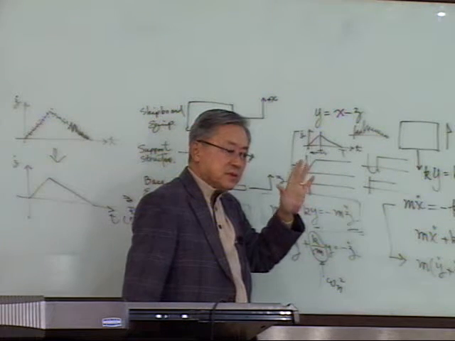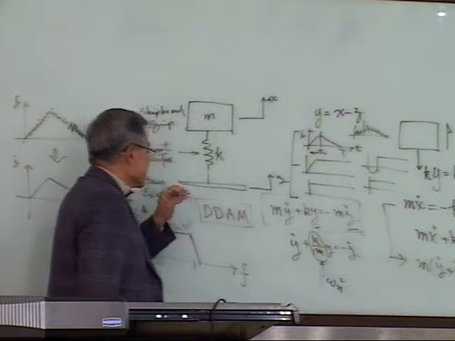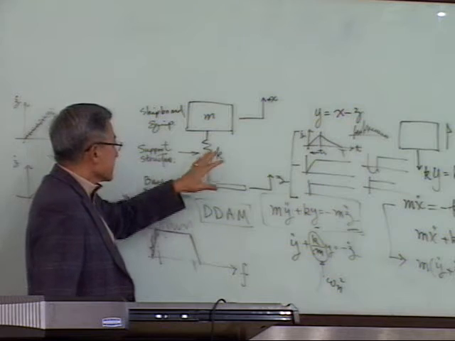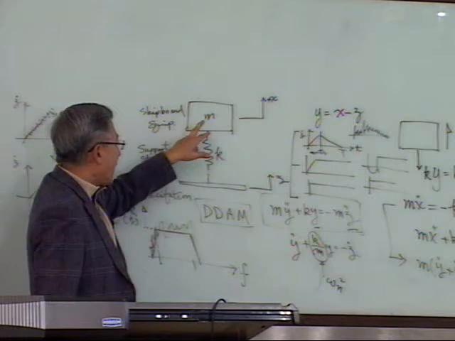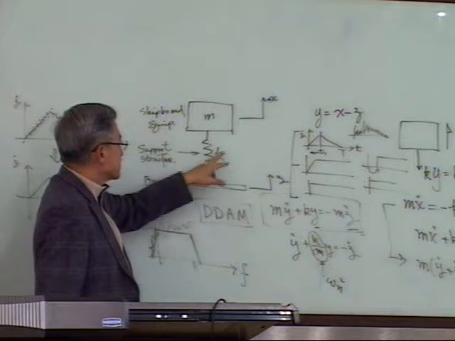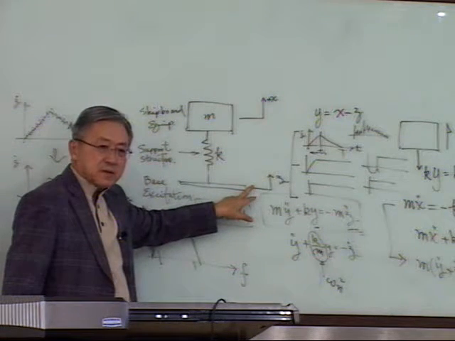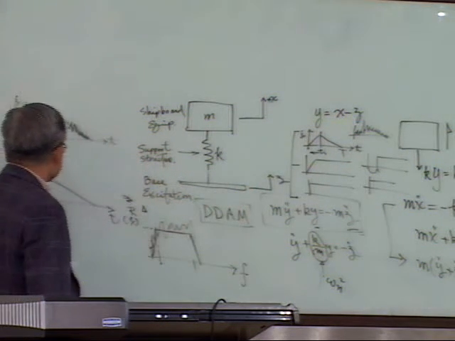So what I'm going to show you here is a closed form solution for the response of this guy over y, which is x minus g, based on the triangular velocity, like this.